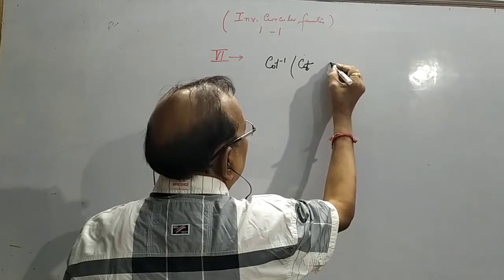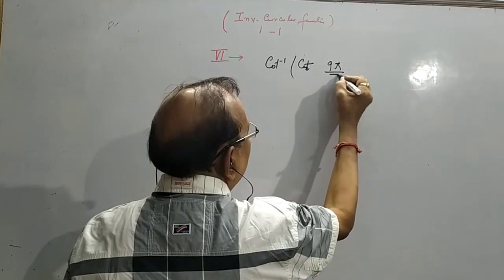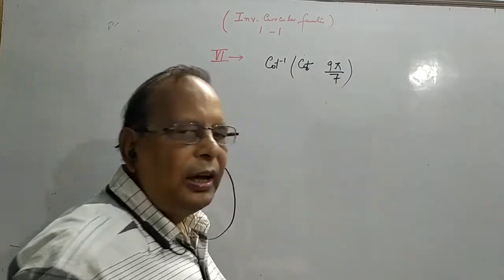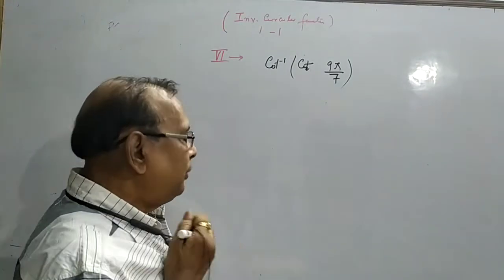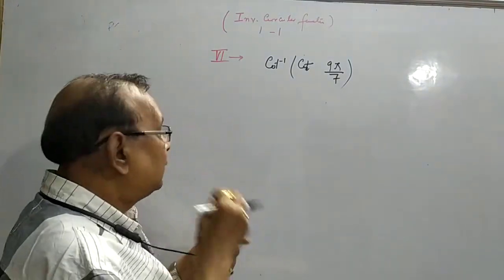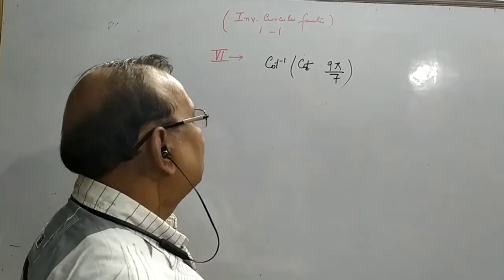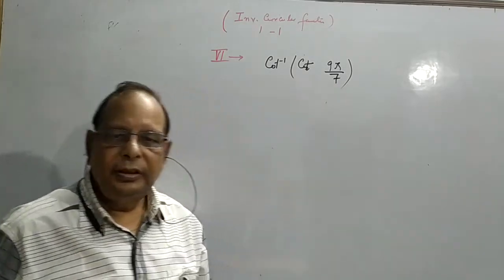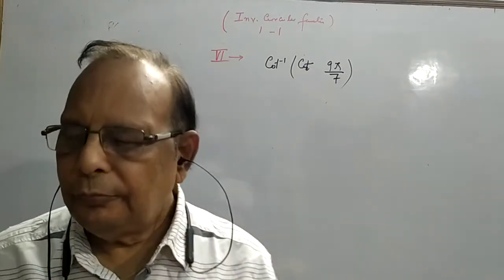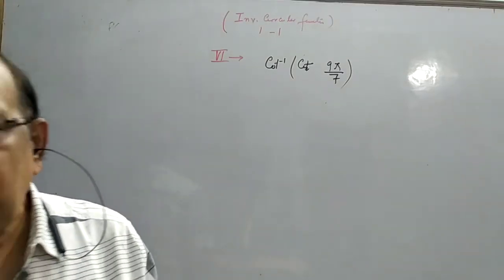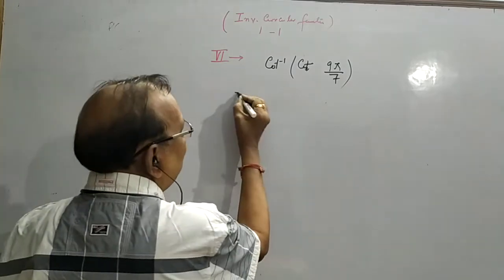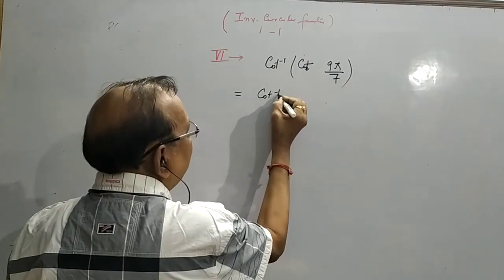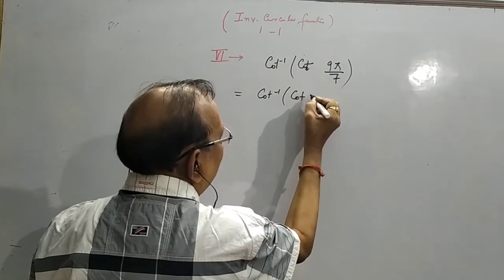Suppose cot inverse cot 9 pi by 7. We have already seen standard values, and we may also write the value of that trigonometrical ratio. Here you can't, so how will we get cot inverse cot?